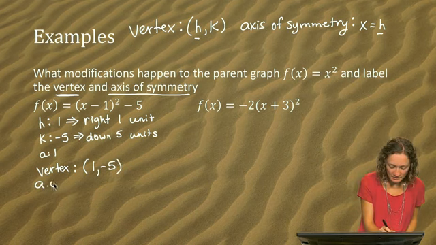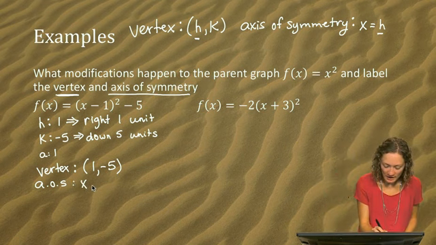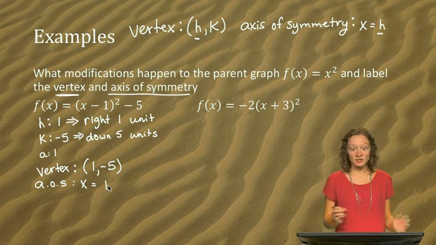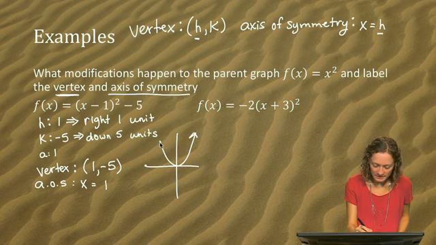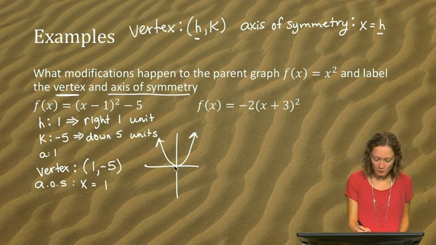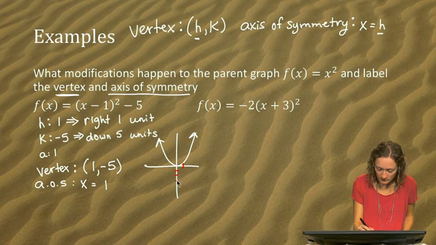And the axis of symmetry, which will often be shortened AOS, axis of symmetry. Remember, it's the equation of a line, x equals, and our h value is 1. So let me show you what this would look like. Quickly, we have our standard graph. Then the new graph is moved to the right, and then down.